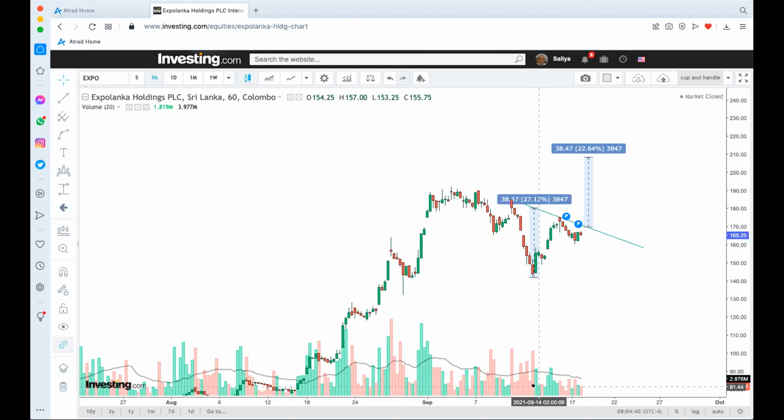People have bought that amount of shares at higher prices. Therefore, when the prices are going up, the demand is going to meet with that supply. If the demand is higher than that supply, eventually, step by step, it's going to go up to 208 rupees. Just because you draw these projections doesn't mean that it's going to go up to that level without breaking the resistance points, without absorbing those volumes. So we have to bear that in mind.